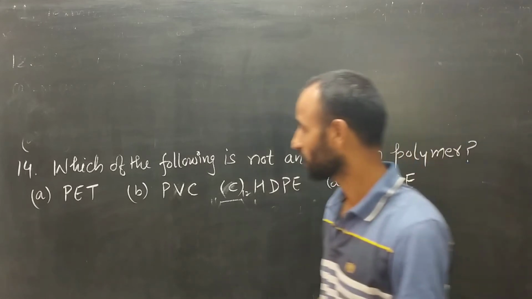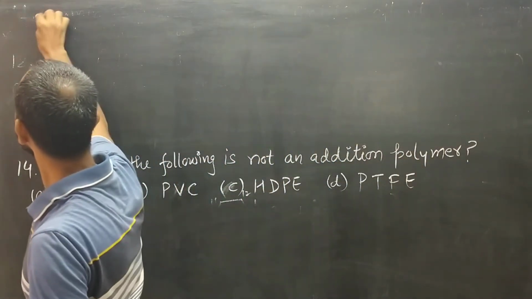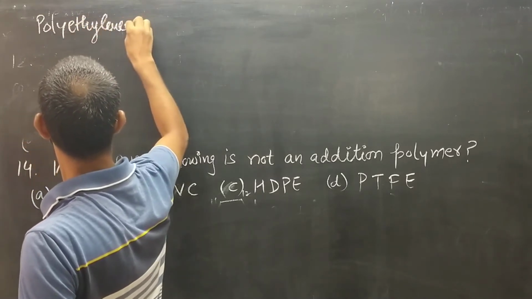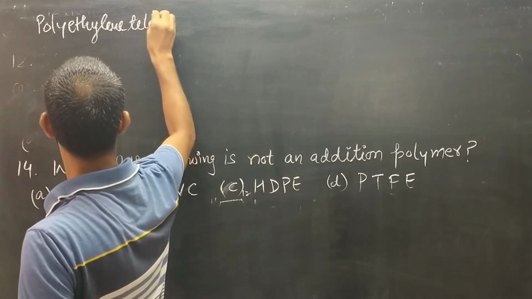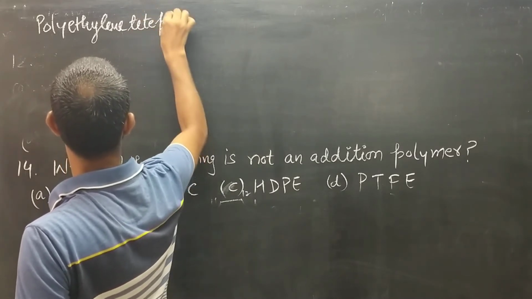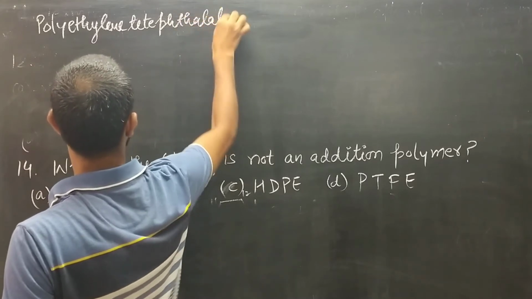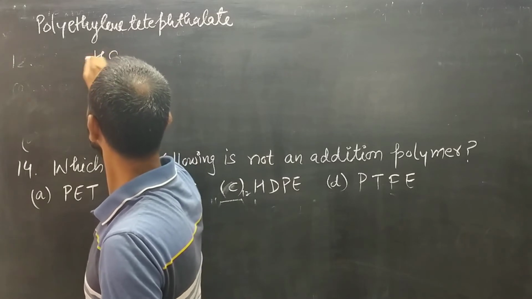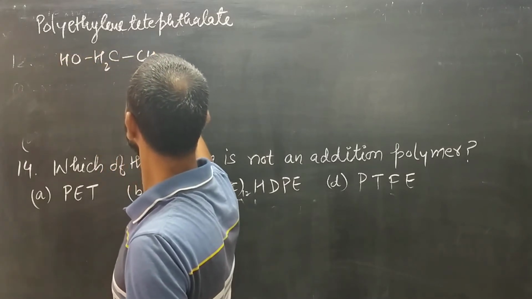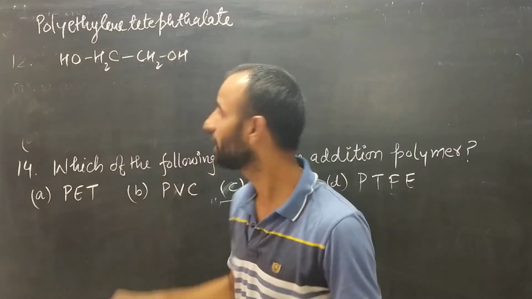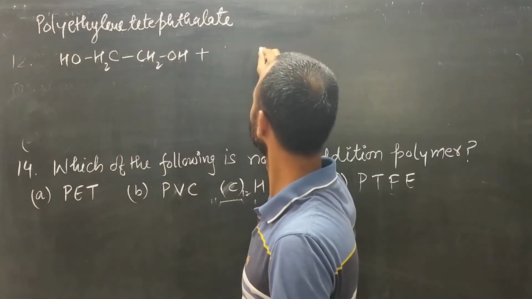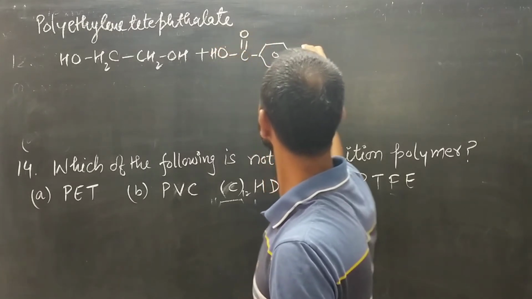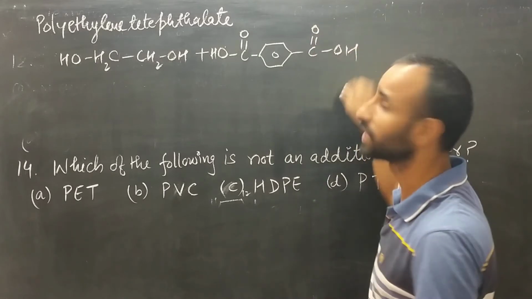So let us start with PET. PET is polyethylene terephthalate. It is obtained from ethylene glycol along with terephthalic acid. Terephthalic acid is this.